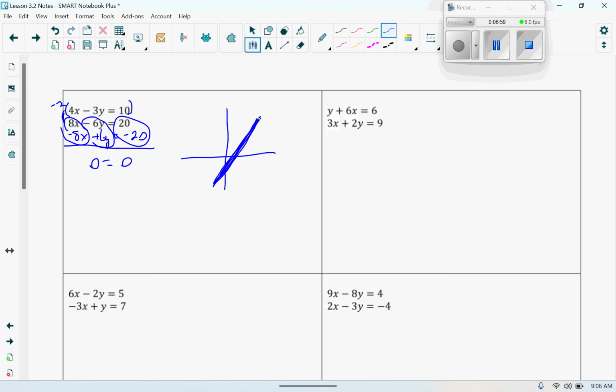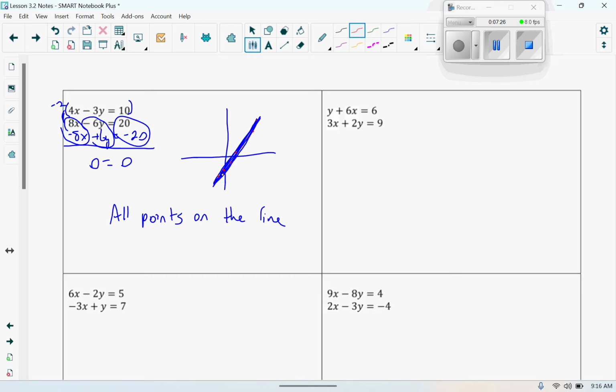So if you have that, this is where we say all points on the line. What this means is this is a solution, this is a solution, this is a solution. Any point that lies on that line is going to work.